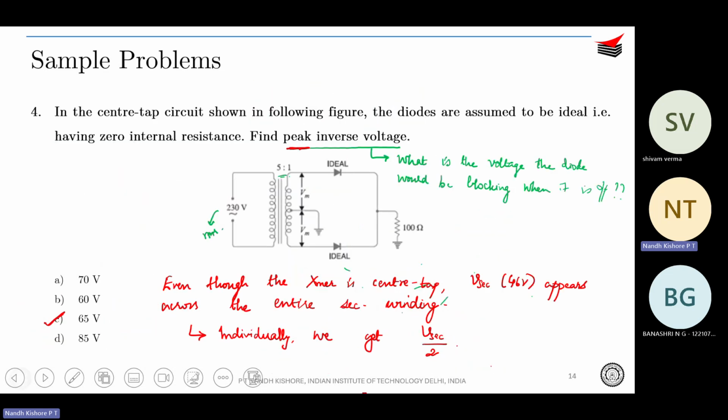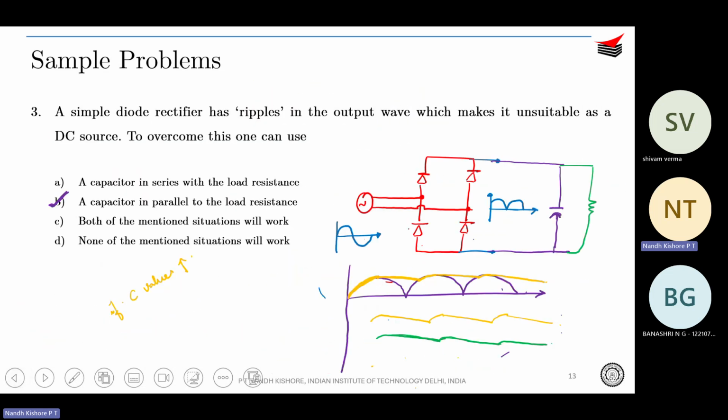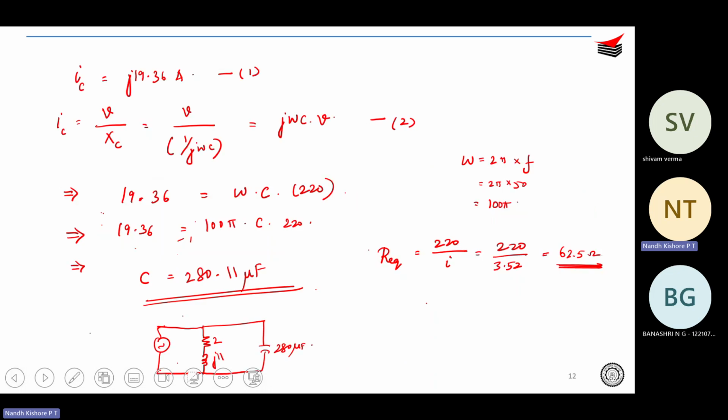Then we saw a problem on the center tap rectifier, just a very basic problem. And then we saw this capacitive compensation, or we call this reactive compensation. Adding a capacitor in parallel, that we saw sometime earlier, this concept is called reactive compensation and it is very widely employed.